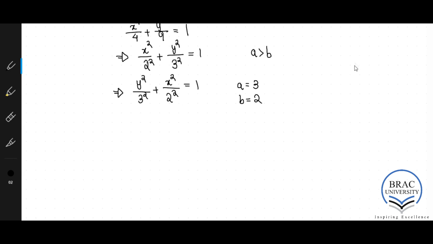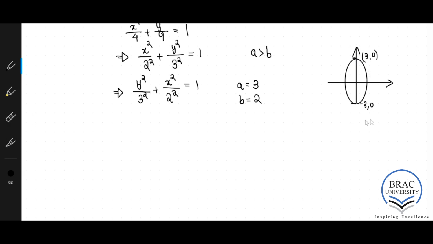So let's go ahead. Let's firstly sketch a quick graph of this since we know these things. So if we have the ellipse centered around the origin, this is the vertex, right? So this is like 3 comma 0, and this is like negative 3 comma 0.